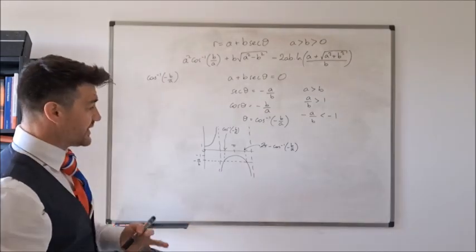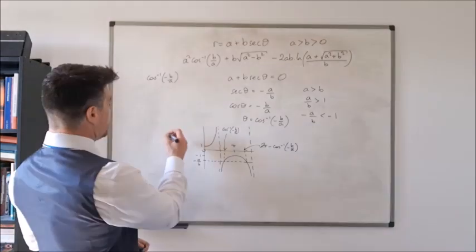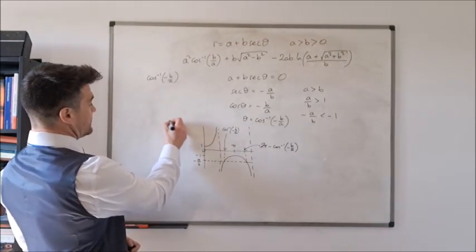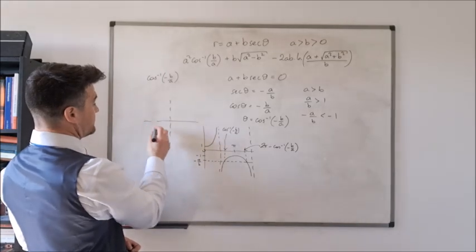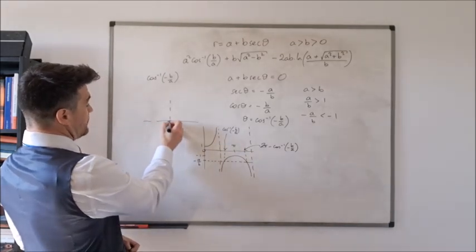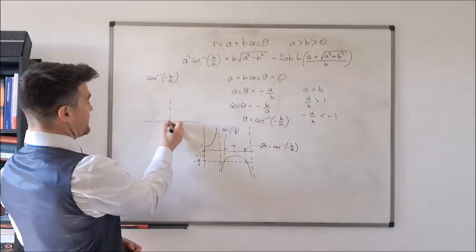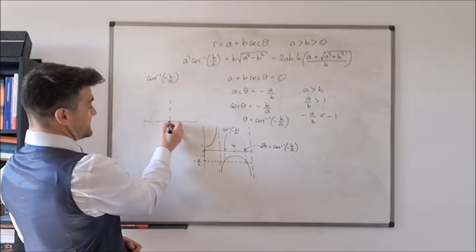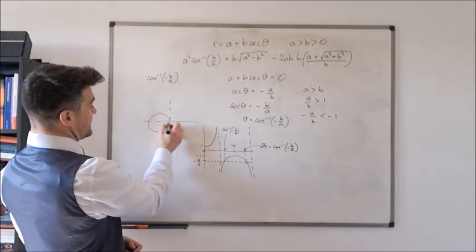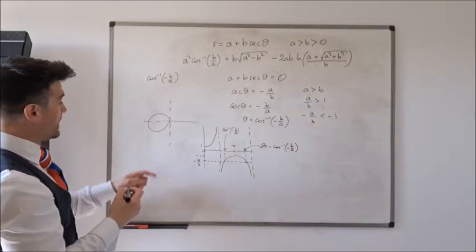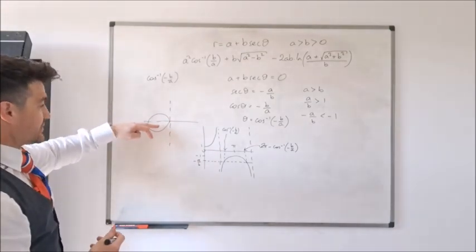Okay, and by symmetry, what we can see is that the area, if I were to draw a quick graph again of what this might look like, so for some value of theta, inverse cos minus b over a, r is equal to 0, and then we kind of get something that looks maybe like this.